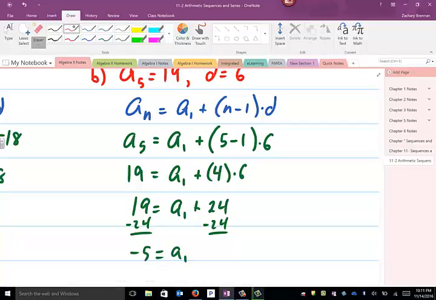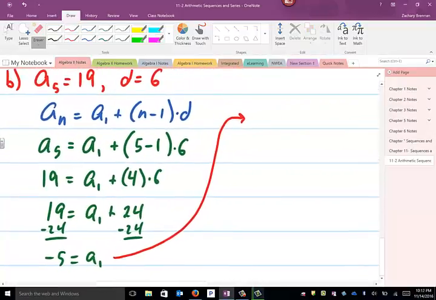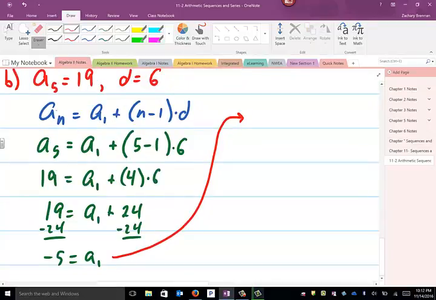The problem did not ask what a sub 1 was. It asked for an equation for a sub n. So we need to now rework this. We go back and do this formula again. This time we don't know which n. We don't know the specific a sub 5. So let's leave it as a sub n. Equals, we just found a sub 1, that's negative 5.